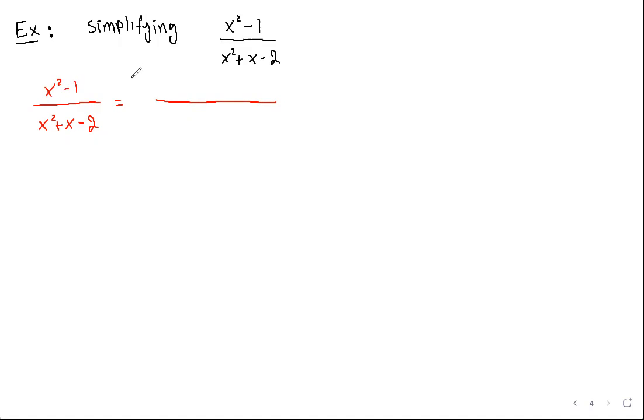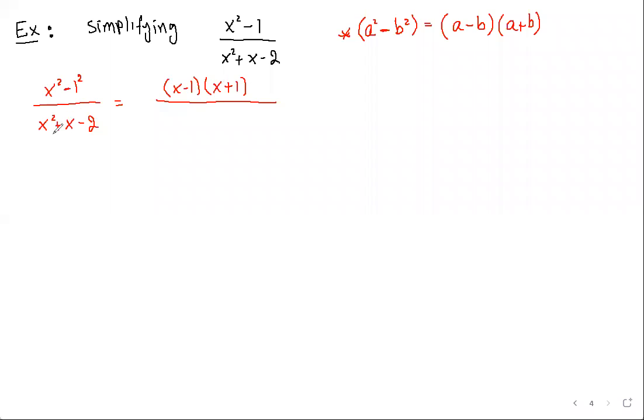Yes, this is the difference of squares. In a previous section I said if I see a squared minus b squared, the factor is a minus b times a plus b. Here it's the same thing: x squared minus 1, and 1 is like 1 squared, right? So applying this factoring, it's x minus 1 times x plus 1.